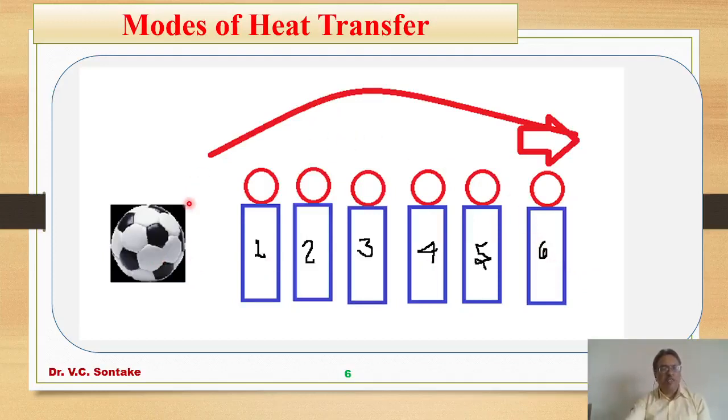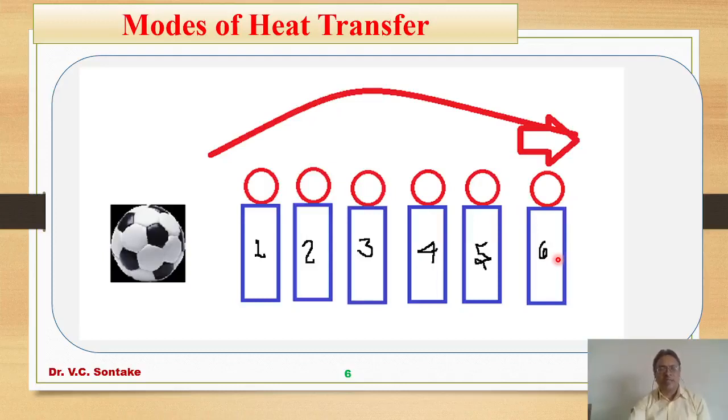Now my aim is to transfer this football from this side to player 6. Or I can also say I want to transfer heat from the left hand side to the player standing at the farthest end on the right hand side.